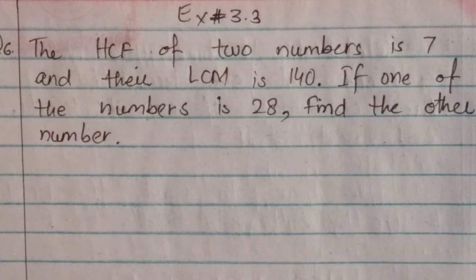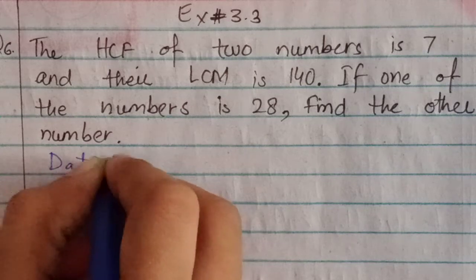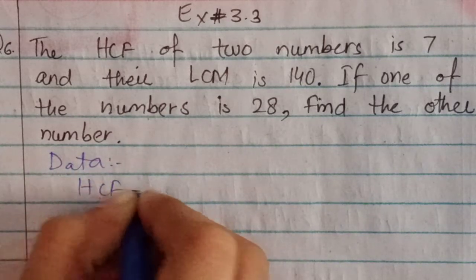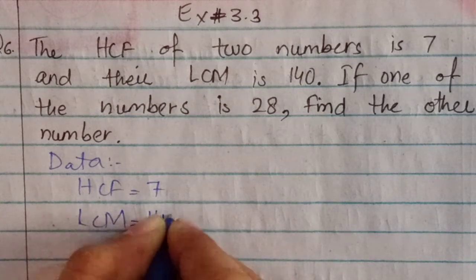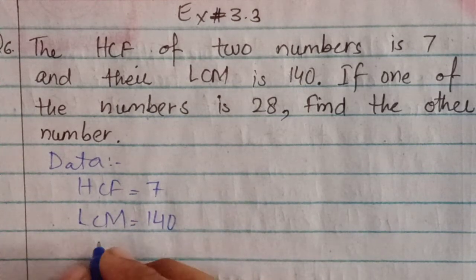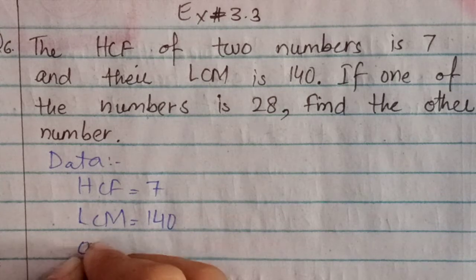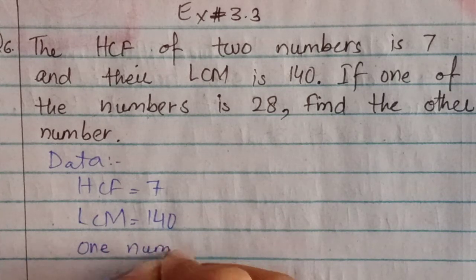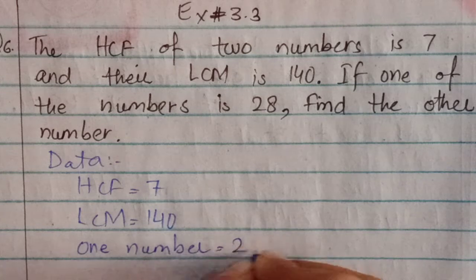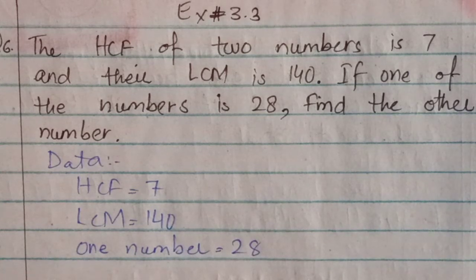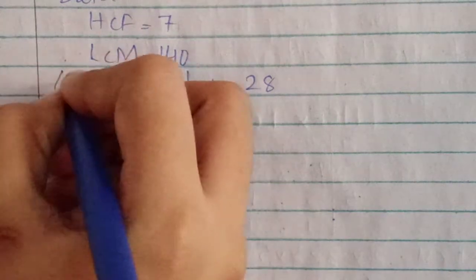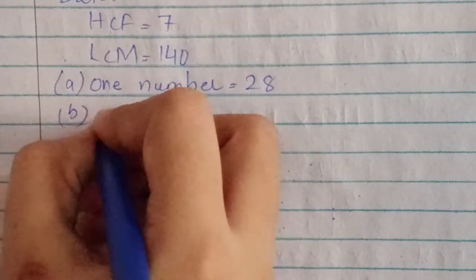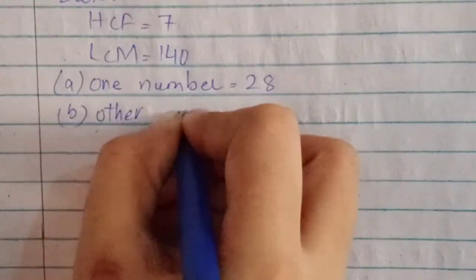According to the relation, first we will write the data: HCF equals 7, LCM equals 140. The first number is 28 and we have to find the other number. So the other number will be B. Here one number we take as A and B is the other number which we have to find.